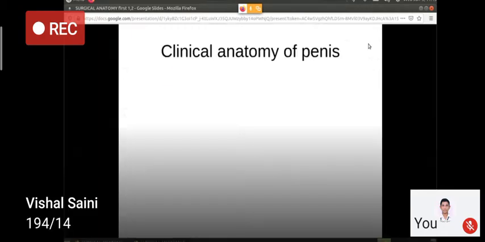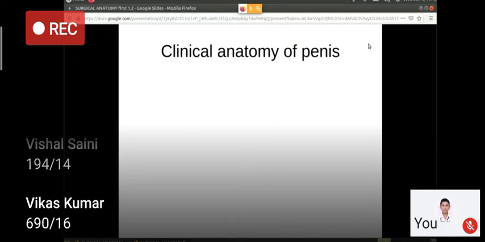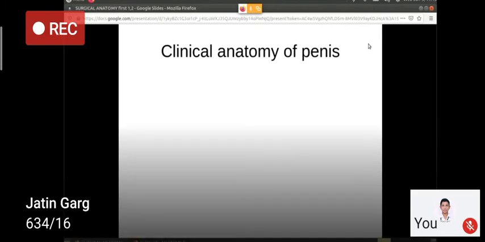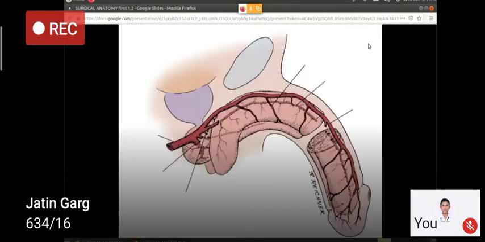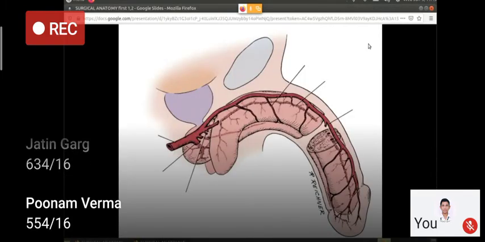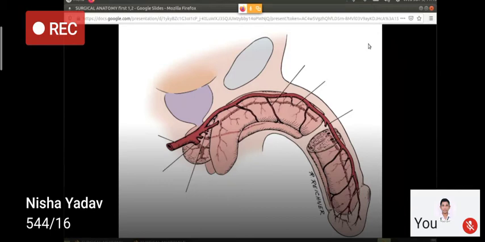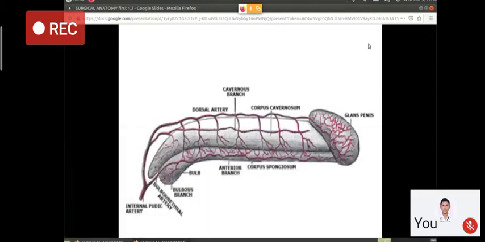Then come to another organ, that is the anatomy of the penis. Though most of the things you already know, let us go through some. According to the picture, the organ is supplied by a rich vascular supply with muscular organs, and the main artery is the internal pudendal artery, which is divided into two.